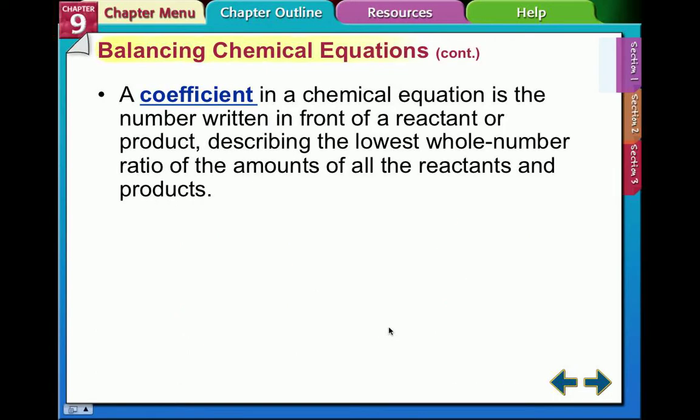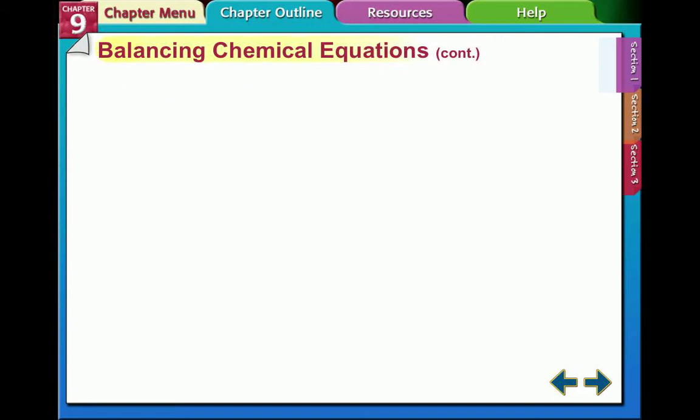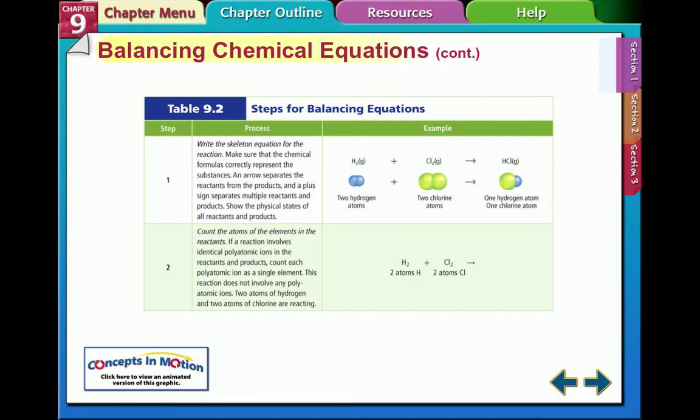A coefficient in a chemical reaction is the number written in front of the reactant or the product, describing the lowest whole number ratio of the amounts of all the reactants and products. Okay, so here are your steps for balancing the equation. I'm going to let you guys read through those.